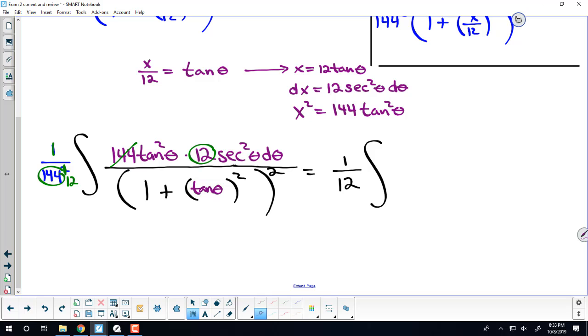Our top still, we have tangent squared, secant squared. And 1 plus tangent squared is secant squared. So we have secant squared squared.